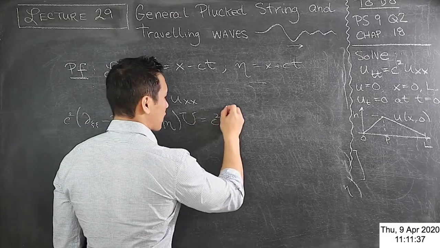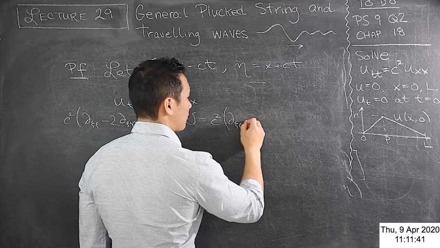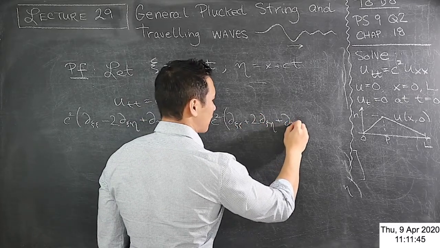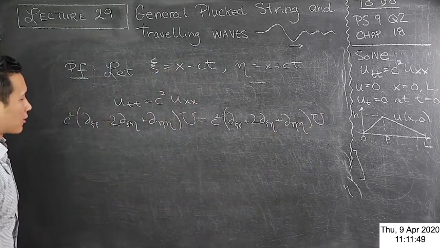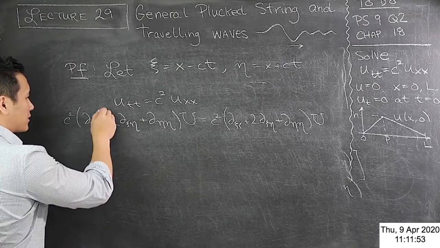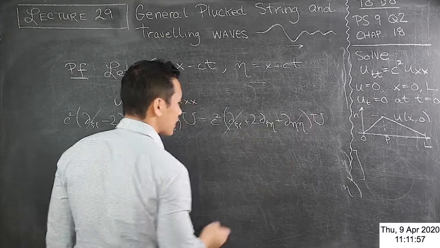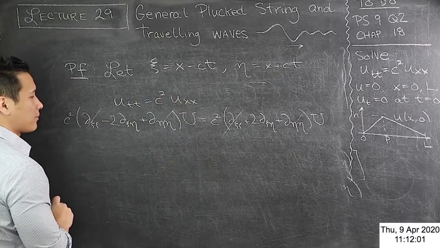That's a c squared, and then you have the same thing here, except for the sign, plus 2 xi eta plus eta eta times the big U. Okay, and then go and expand all these operators, and you'll notice that everything will cancel. This cancels, and this cancels, and this cancels, and this cancels. The only thing that doesn't cancel is the mixed derivative.